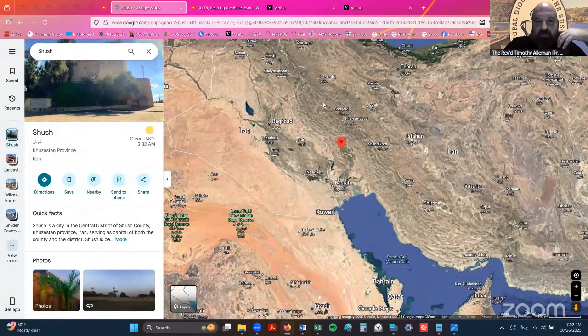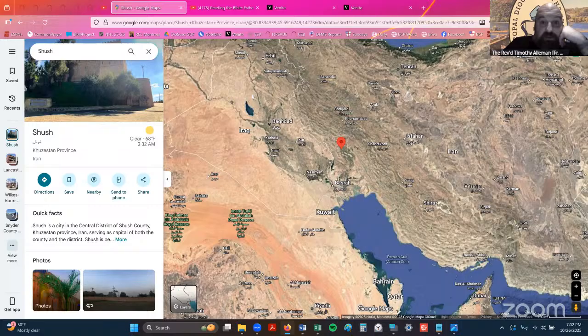See all of Iran over here. Here's the Persian Gulf. Right up through here is the line between Iran and Iraq. Up here's Mosul. Mosul, by the way, that's ancient Nineveh. Ancient Babylon is somewhere through here.